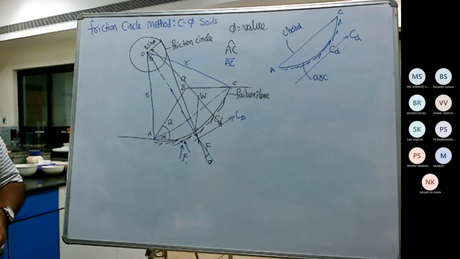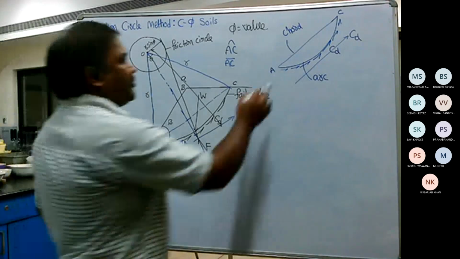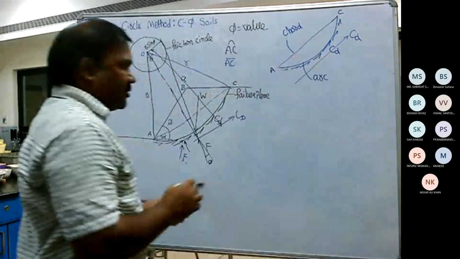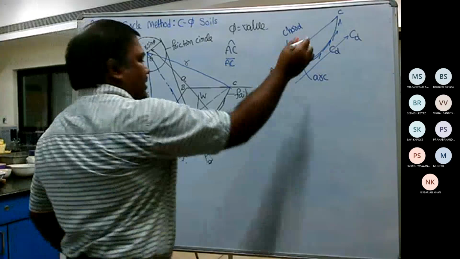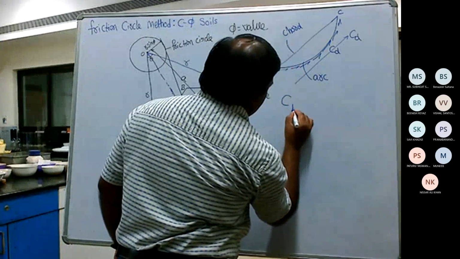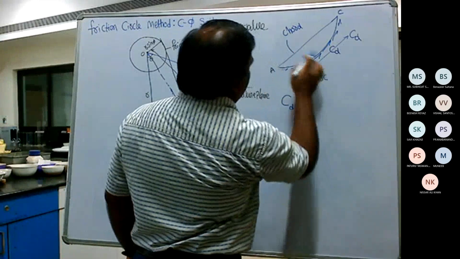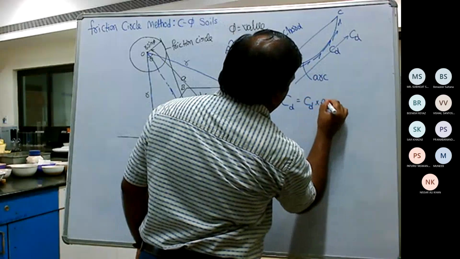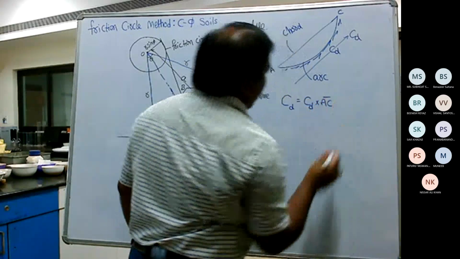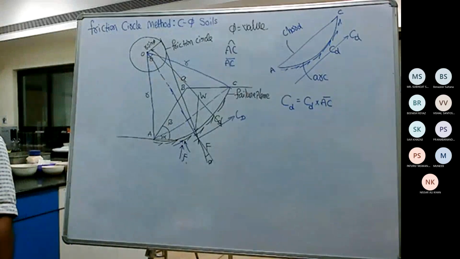So then there is another assumption. If you take this free body diagram, the resultant of CD, capital CD, is the cohesion acting per unit length multiplied by the chord length CD.